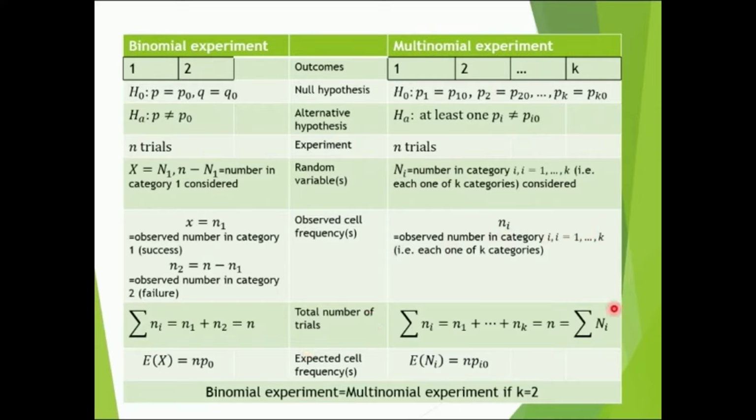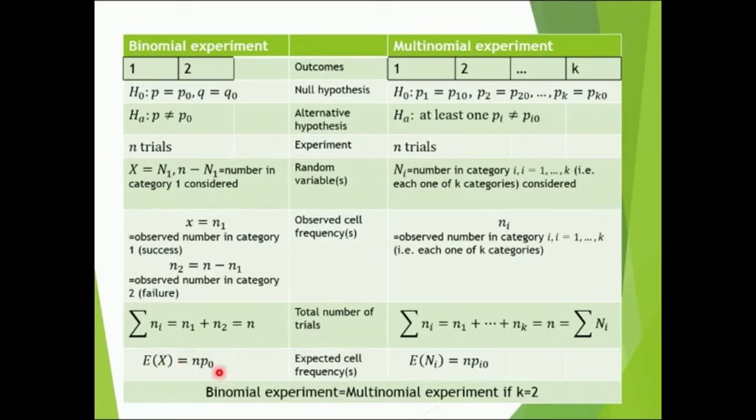And likewise, here the number of observed frequencies in your first category plus the second category up to the K category also adds up to N, but it is also equal to the sum of your expected frequencies in each cell. Your expected frequency in each cell, in the case of the binomial, is the well-known expression, n times the expected proportion of successes.